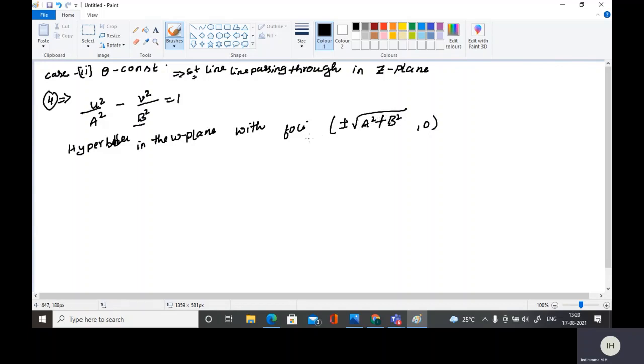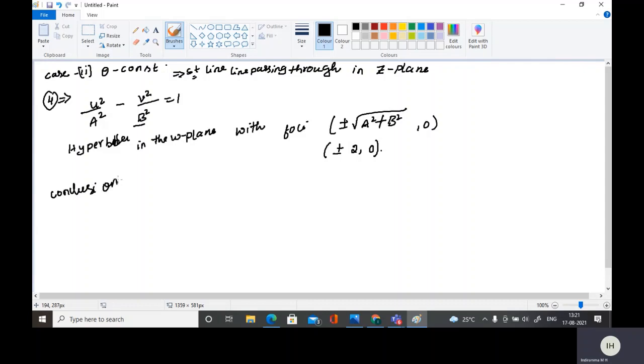For a hyperbola, the foci are at square root of a square plus b square, not minus. So it becomes the square root of 4 cos square theta plus 4 sin square theta. Take 4 common. Cos square theta plus sin square theta becomes 1, so the square root of 4 is 2. Okay, so now I am going for the conclusion.